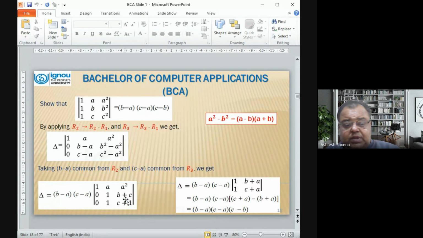This is not B plus C, this is B plus A, and this is C plus A, because we have taken B minus A and C minus A common. Is that clear now?